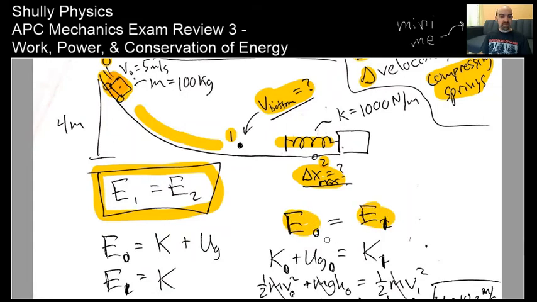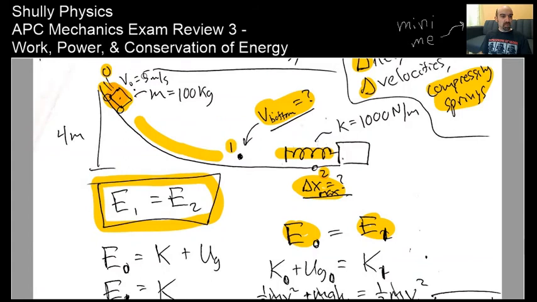The energy at the initial starting point, it's moving with the starting velocity. It has an initial height of 4, so it has kinetic and potential energy. At the very bottom of the ramp, there's no more height, so the height is 0, and mgh will be 0 as well. So there's no potential energy, but it's going to be moving faster. So let's plug in kinetic energy plus the potential energy.